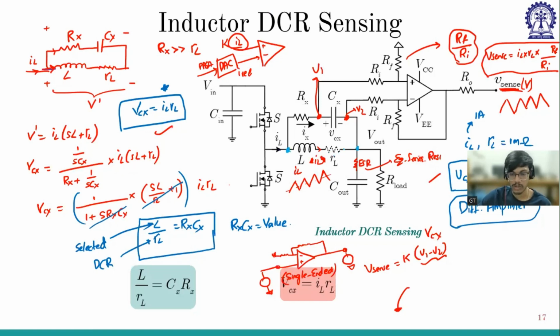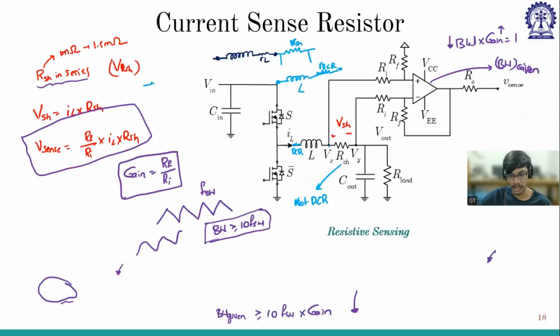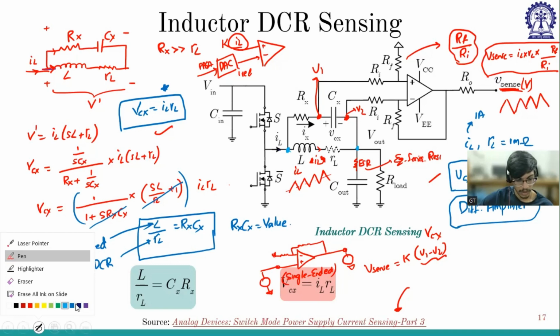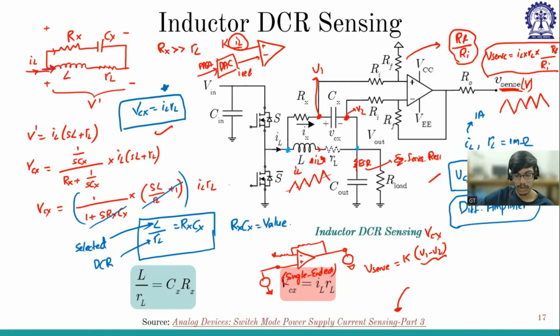So this is one way where we tap the voltage across the inductor, and the other way is where we consider across RSH. In the previous case, we are tapping across the impedance, L plus RL equivalent, the inductive impedance.